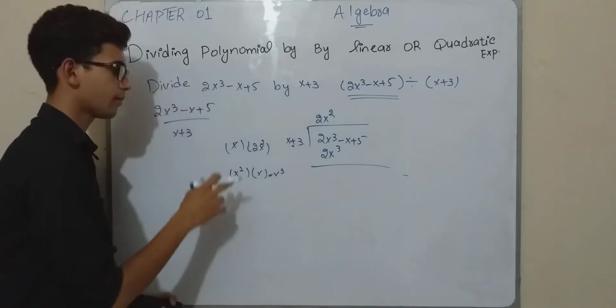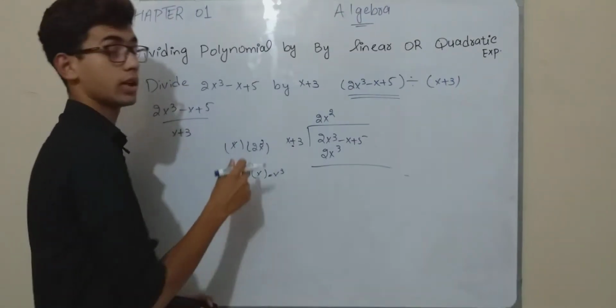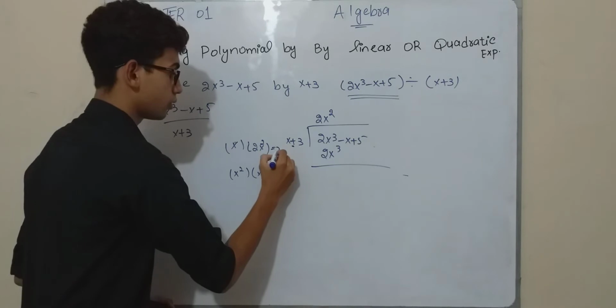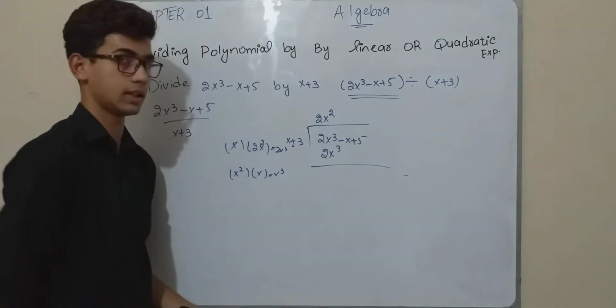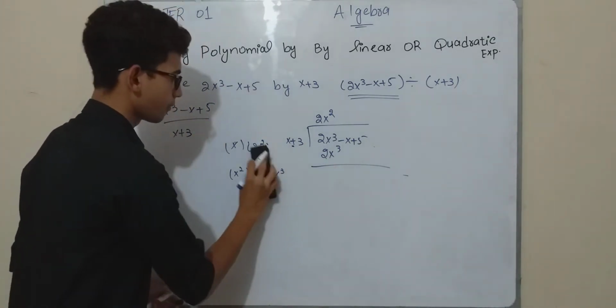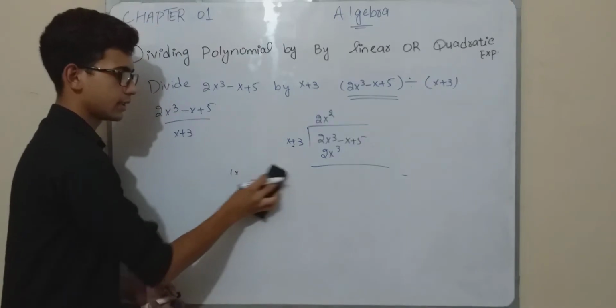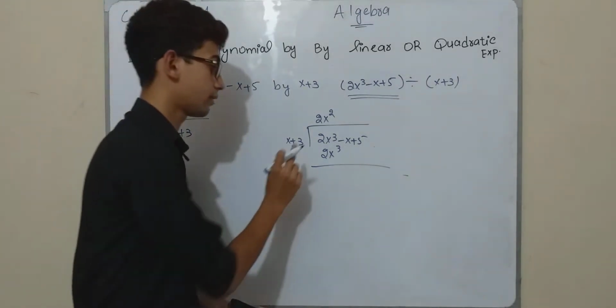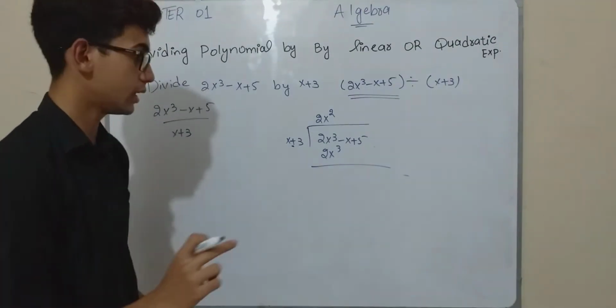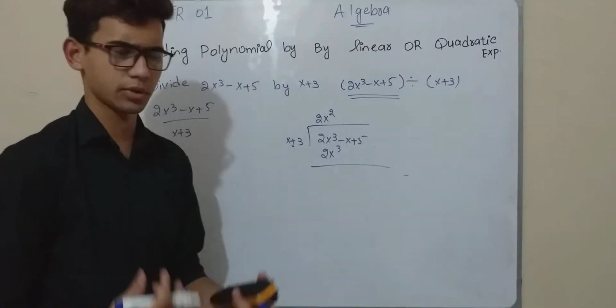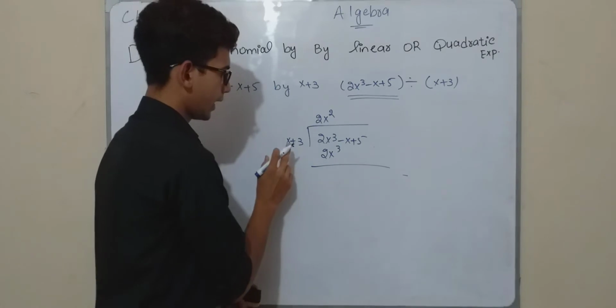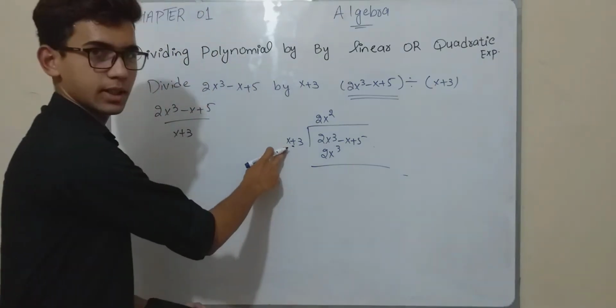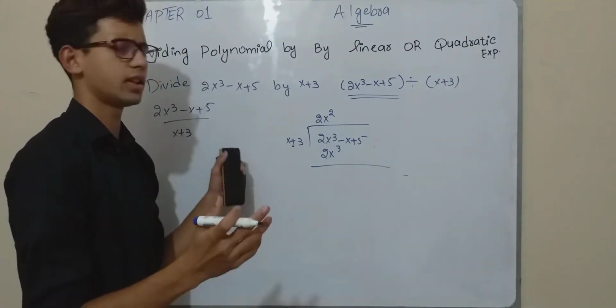Let me repeat again. If I multiply x with 2x square, it will equal 2x cube as I write here. So this is just like an assumption we are going to do to eliminate the first monomial for the further procedures. And now x has been eliminated, it is used already.